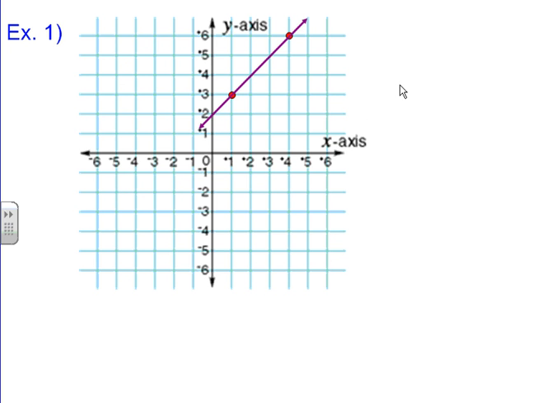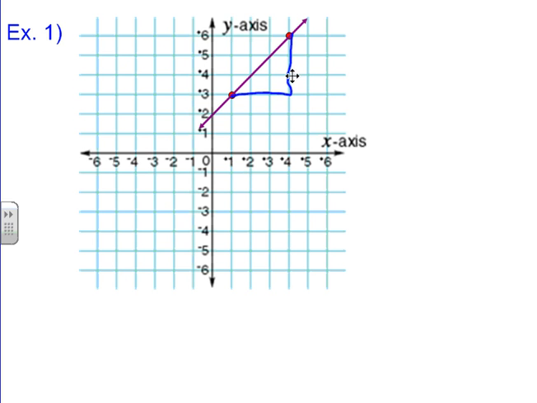So let's take a look at a couple of points here. I have a point at (1, 3), and then I have another point at (4, 6). Now, when the points are connected in a line, we can show a right triangle. So I'm going to draw a right triangle here. Sorry guys, wish I could draw a better one.